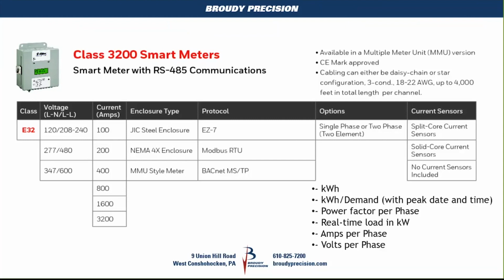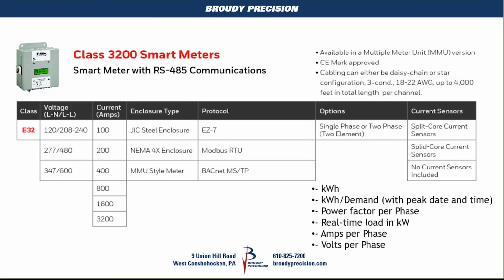And this goes back to the beginning of this presentation where I talked about the relationship between amps and volts. If you give me those two values, I can calculate. And when I can calculate watts, I can calculate kilowatts. And when I can calculate kilowatts, I can calculate kilowatt hours. The beauty of these meters is that's done for you. So there's less software from the programming standpoint that has to be done.